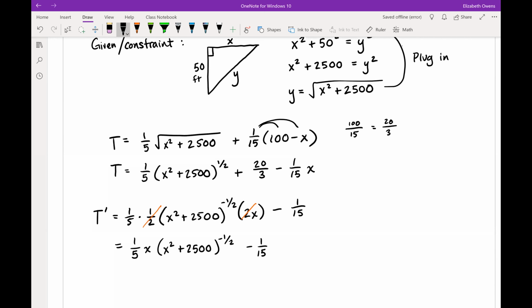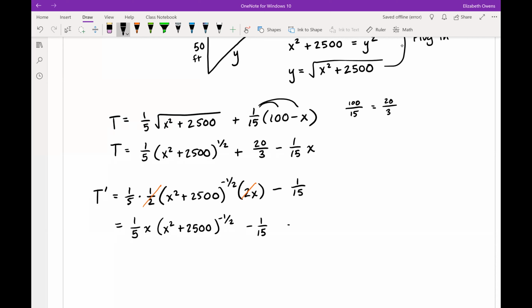Okay. And if we think about what that would look like, let's see, we would have for this first term, just x in a numerator and then 5 and our x squared plus 2,500 to the 1/2 power down there. I'll put it in a square root and minus 1/15.